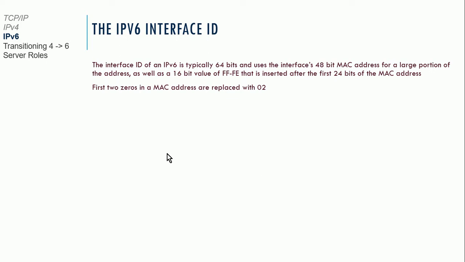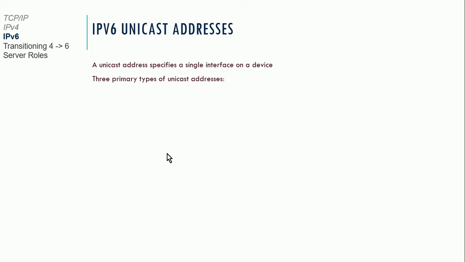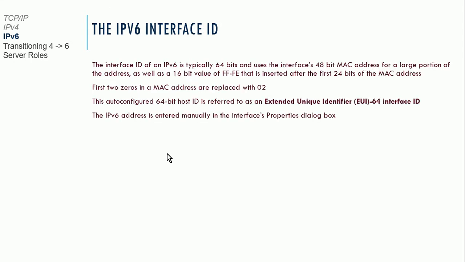The first 2 zeros in a MAC address can be replaced with 02, and then there's also auto configuration. The auto-configured 64-bit host ID is referred to as the extended unique identifier 64 interface ID. And again, this can be automatically generated because we're using part of the MAC address to make that unique identifier. The IPv6 address can also be entered manually into the interface's property dialog box, so that's another option for setting your interface ID.